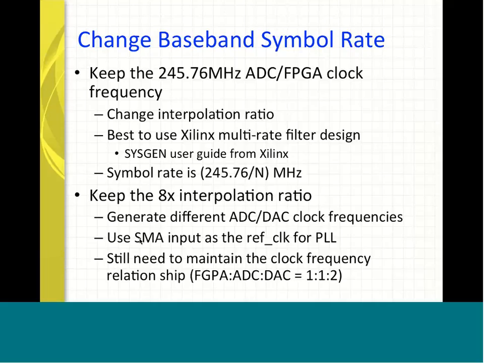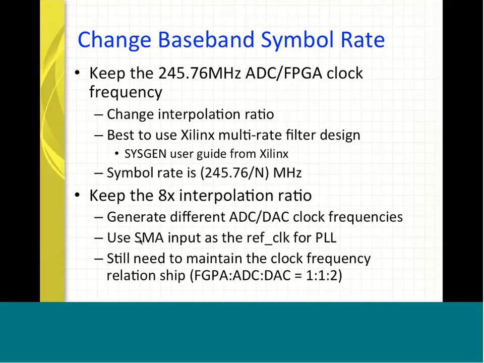However, if you configure the FMC 111 PLL chip to use an external SMA input as the reference clock, you can arbitrarily change that clock frequency and then generate a different ADC clock.